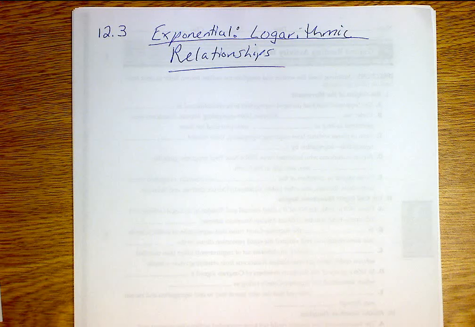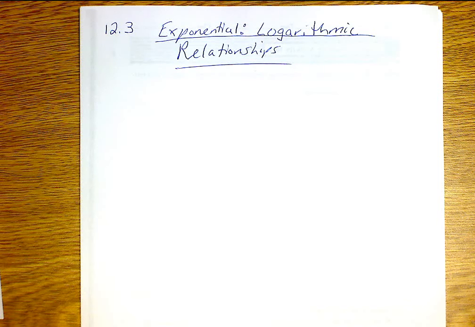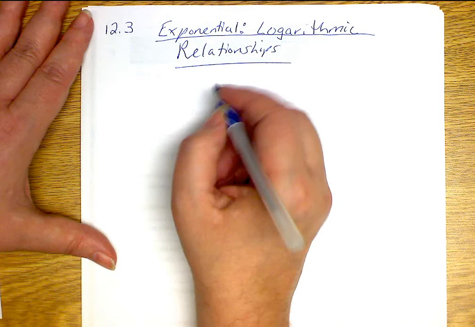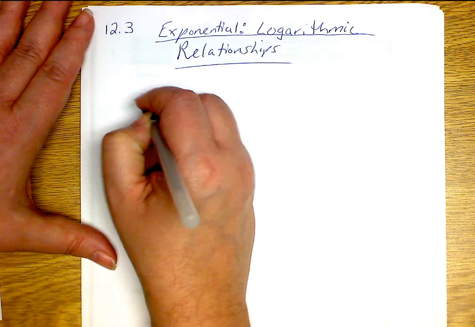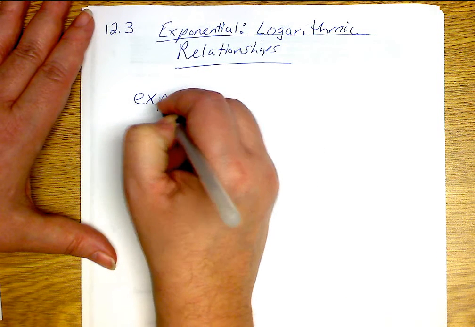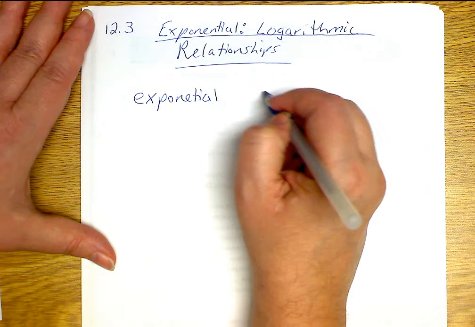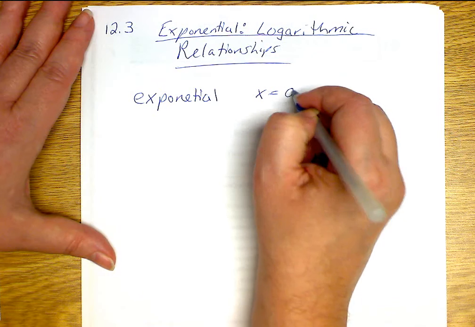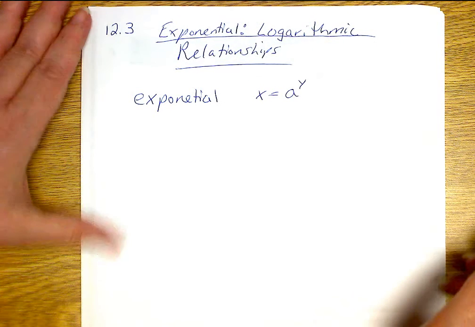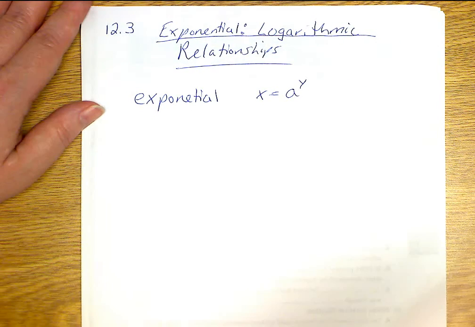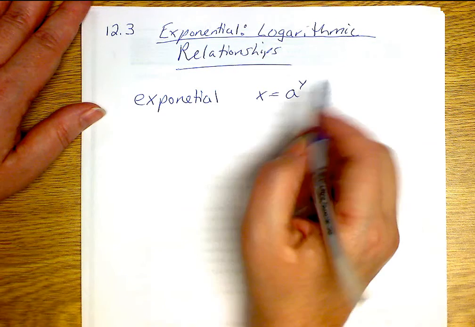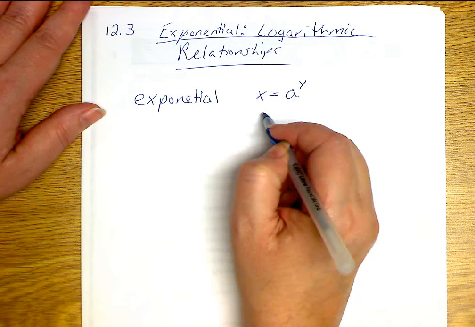This is called your exponential and logarithmic relationships. All right, so to review, remember we have our exponential. If I had something like x is equal to a to the y, that is the same as if I said a to the y equals x.